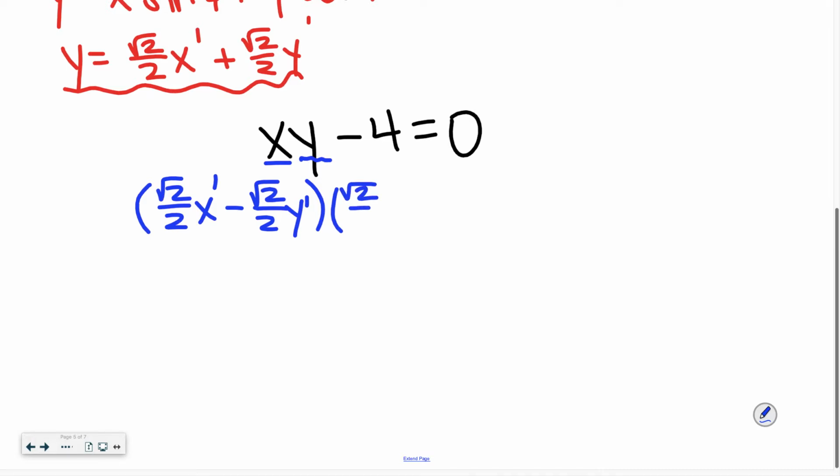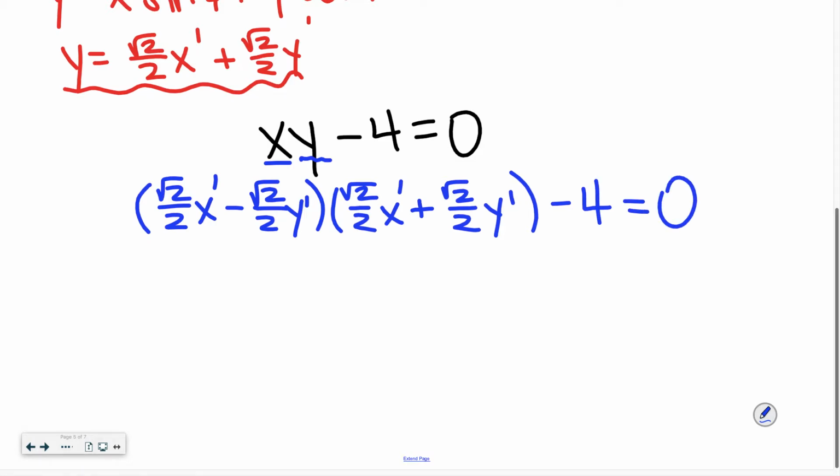Y is radical 2 over 2 x prime plus radical 2 over 2 y prime. Minus 4 equals 0. Okay. Now we need to actually multiply everything out. Okay. Now in this case, we only have two binomials to multiply to each other, so that's pretty nice.